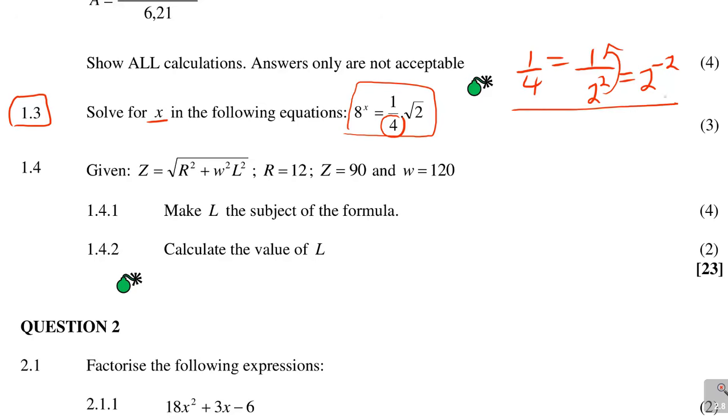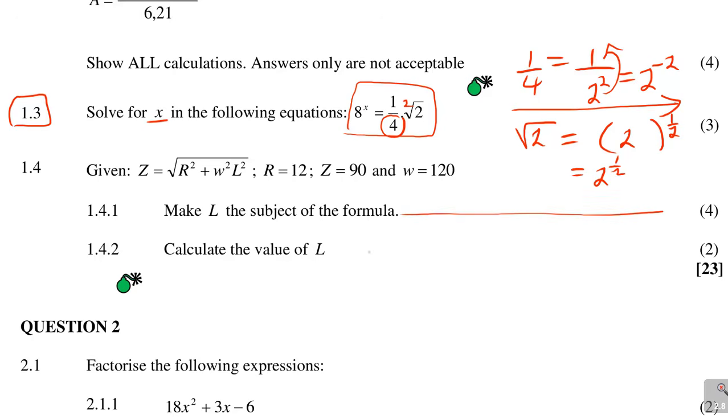Such things you need to know. Secondly, square root of 2. I told you square root means bracket. There is a hidden 2 there. So you have 2 to the power 1 over 2. You can just simply write it like this, 2 to the power 1 over 2. You understand? So these things, you need to already have them.